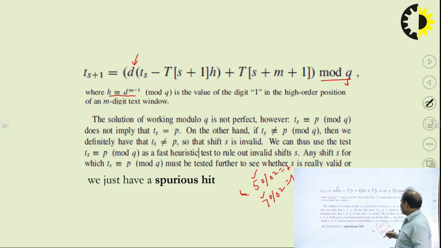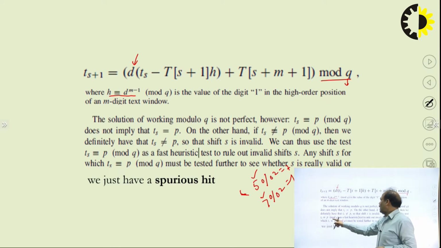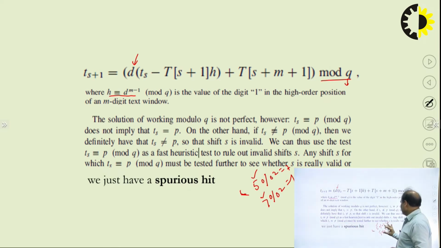On the other hand, if the modulus is the same, they may not be equal, but if their modulus is not the same, that means they cannot be equal at all. So this is used to test whether a particular shift is valid or not, so that it can be rejected.